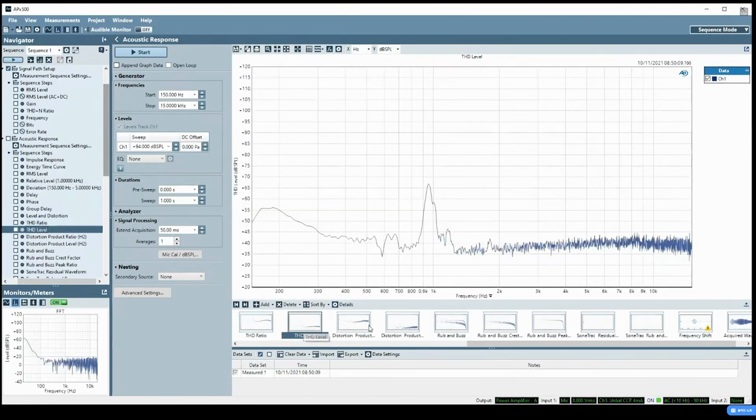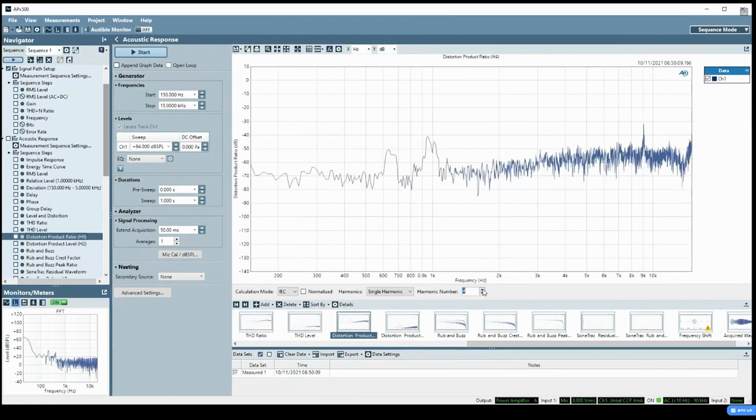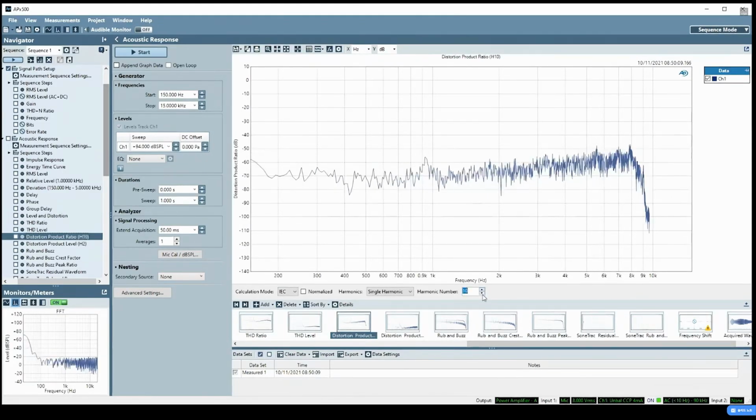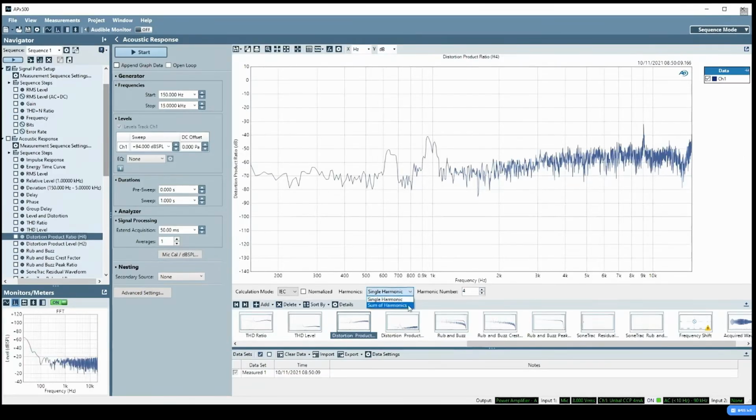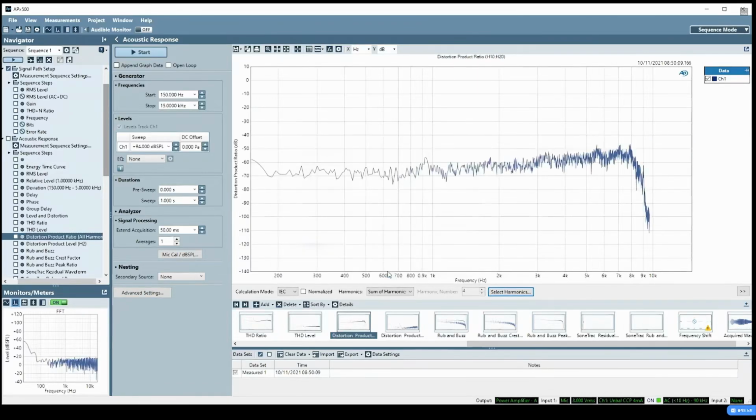Same for THD level, distortion product ratio, and again we have the calculation mode, and we can look at individual harmonics, or we can have a look at the sum of the harmonics. And for example, we could turn off these low order harmonics and effectively get a high order harmonic distortion result represented there.